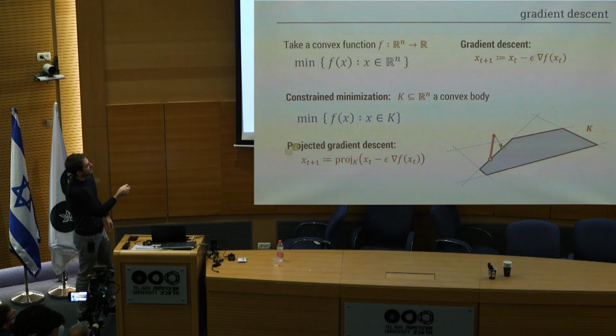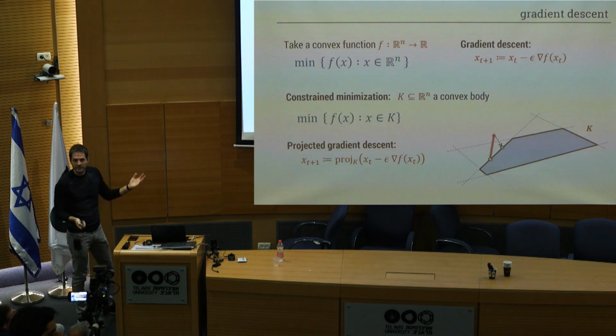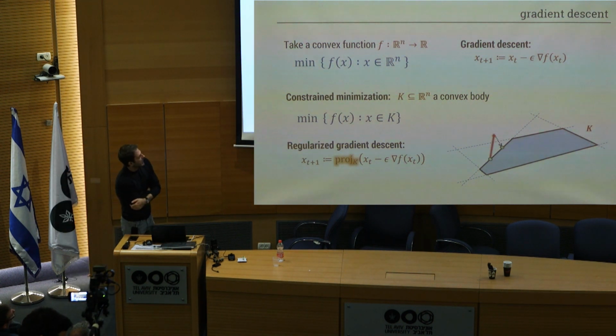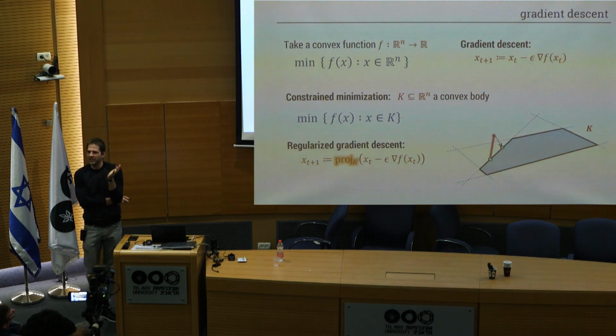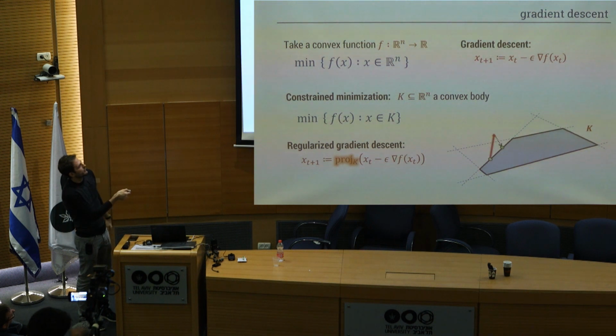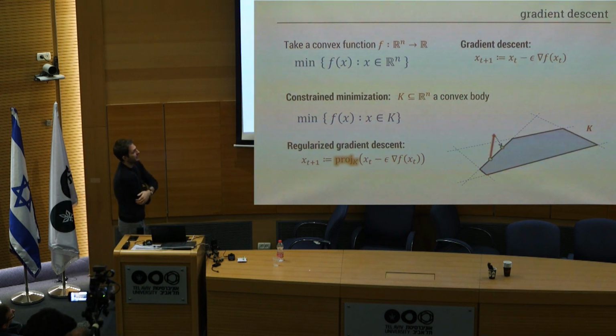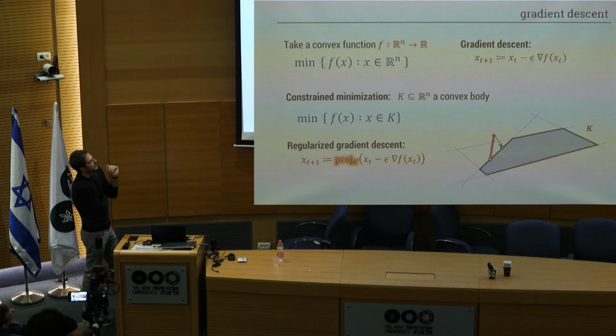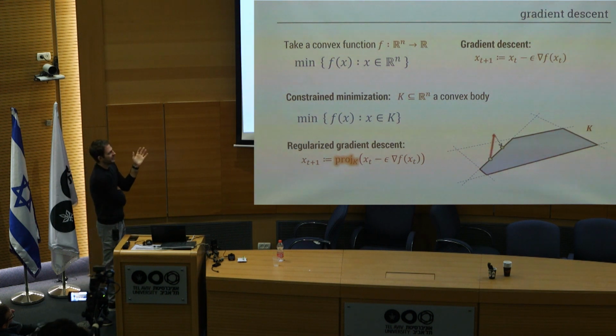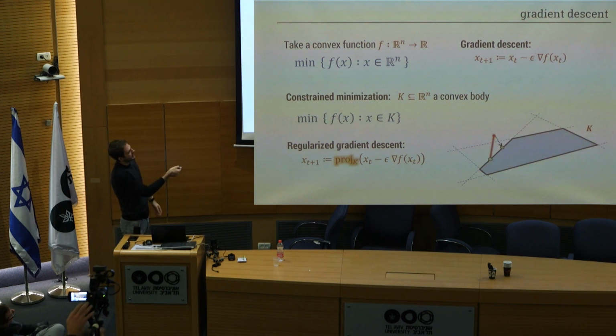To define a projection, one needs some inner product, and if you're willing to use some inner product that varies around the space, then you get what I call regularized gradient descent or Riemannian gradient descent. But this is the kind of algorithm I'm going to talk about.